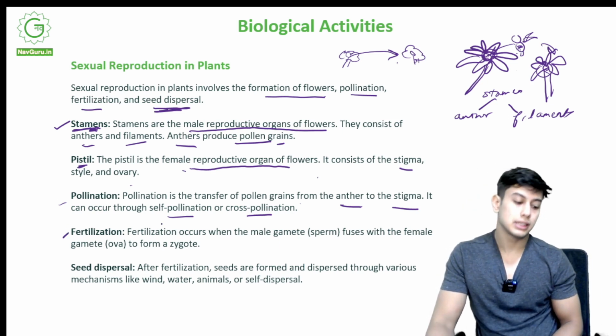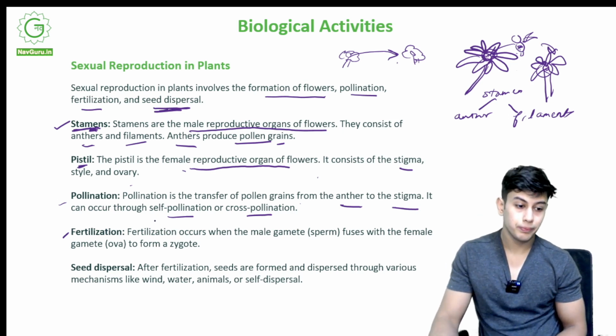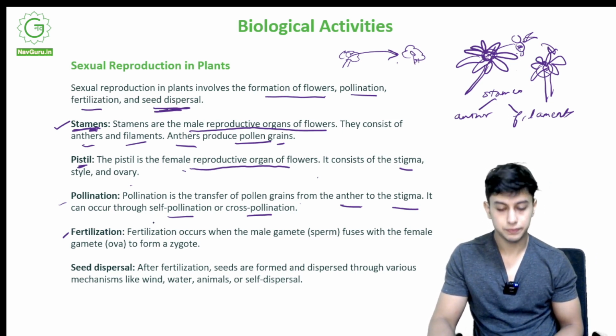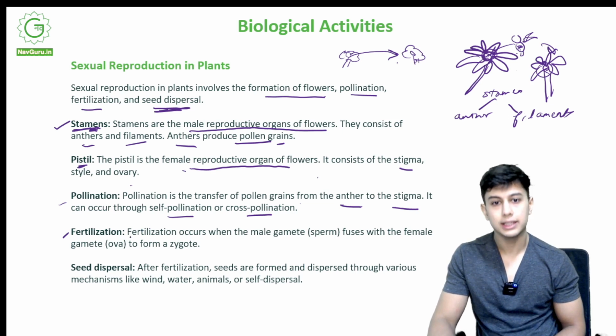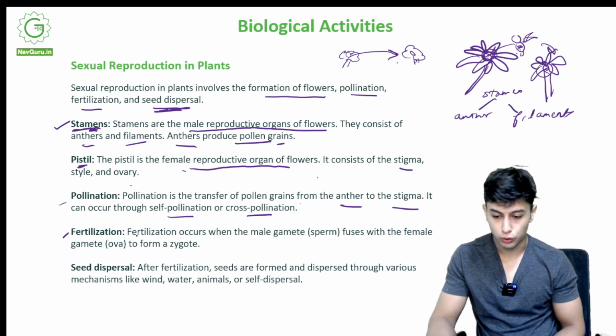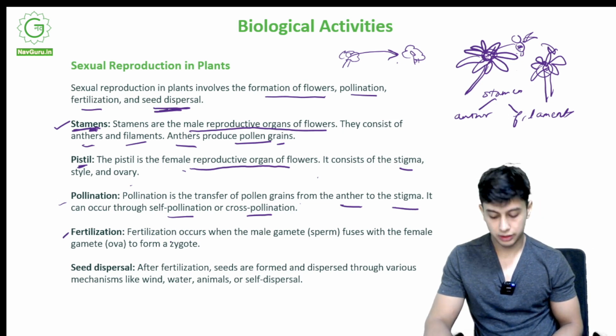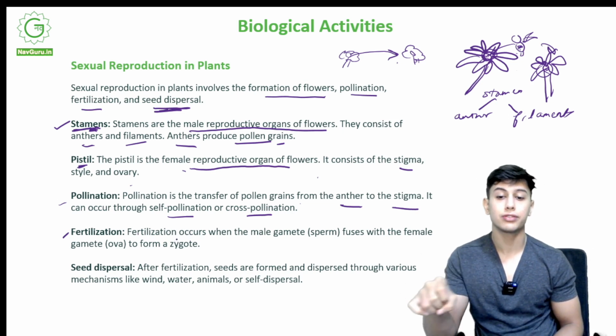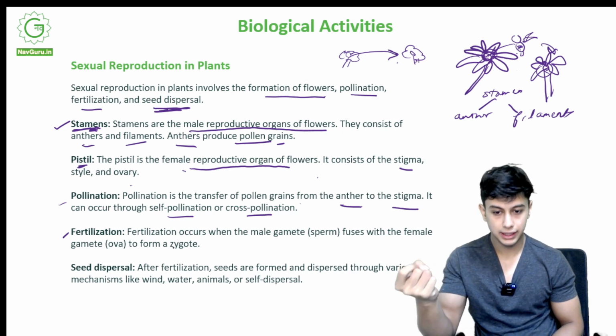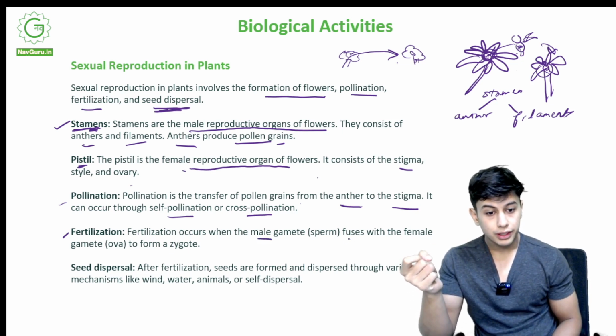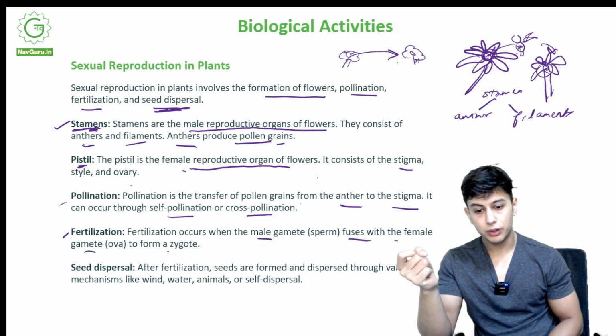Fertilization, let's come to fertilization. Now I told you that the sperm mixes with the egg that is present in the ovary, in the ovule, all right. The male gamete, that is pollen grain, that is released from the anther, it fertilizes the egg, it fuses with the female gamete to form a zygote.